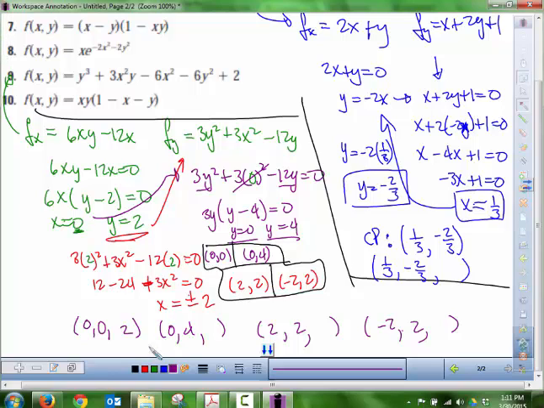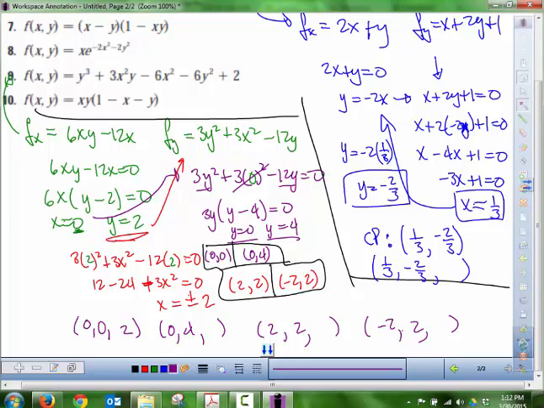So it depends on what they're asking for. If they're asking for the critical points, it's just the input values, then the x and y would be fine. If they're looking for the critical points as the x, y, z values, then you would put all three of them. Sometimes they might just look for the maximum value, the minimum value, in which case you just put the z value. That's the output value. So it depends on what they're asking for, how they're asking for it.